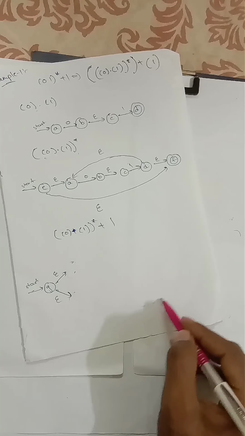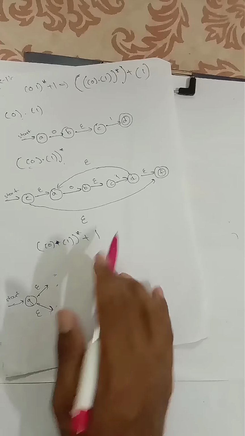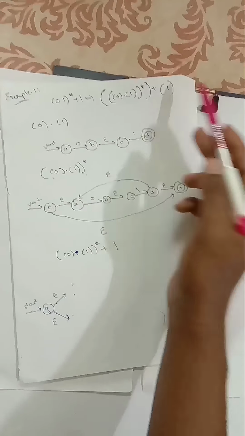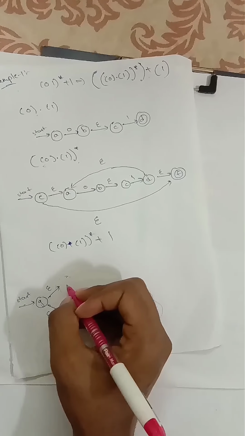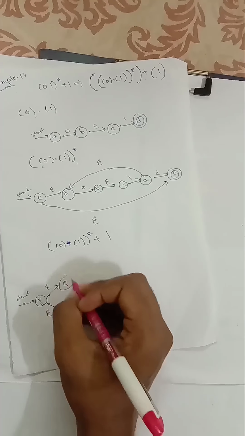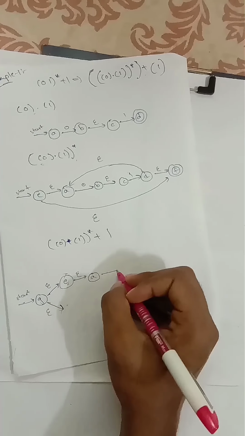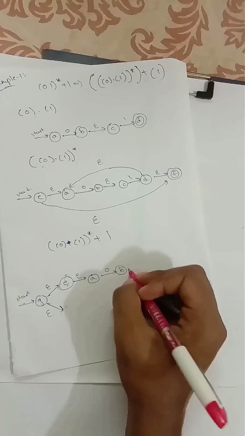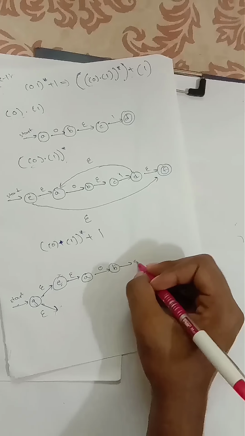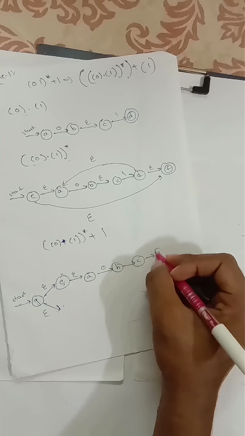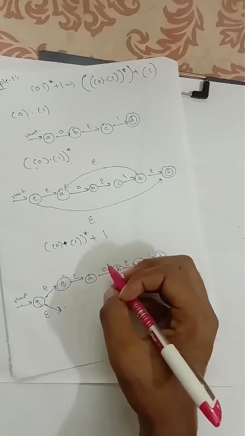In this part we need to draw the automata for 1. Epsilon.